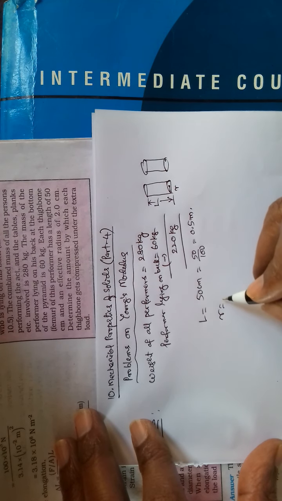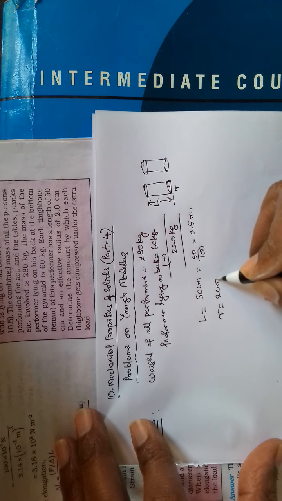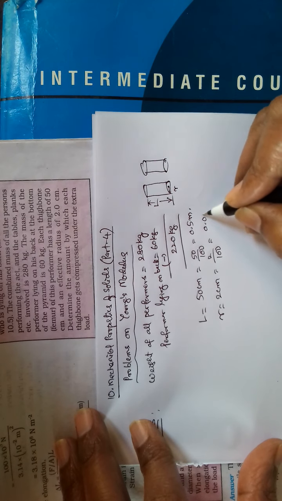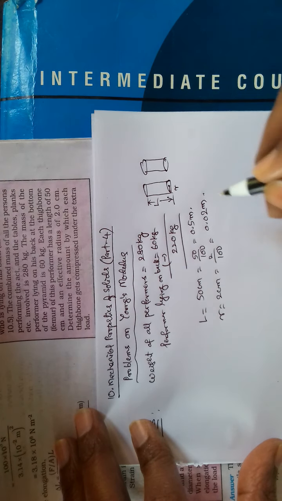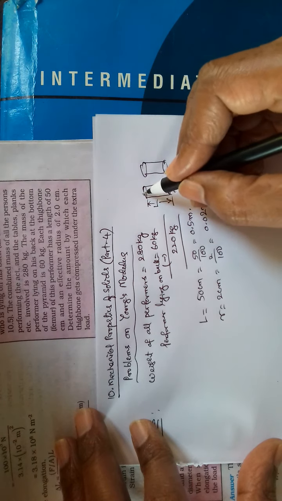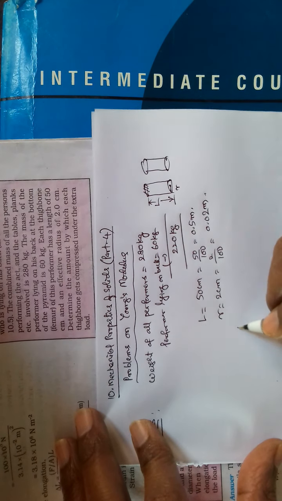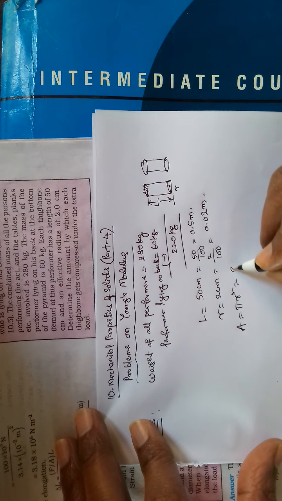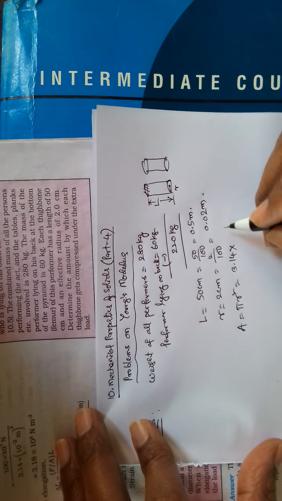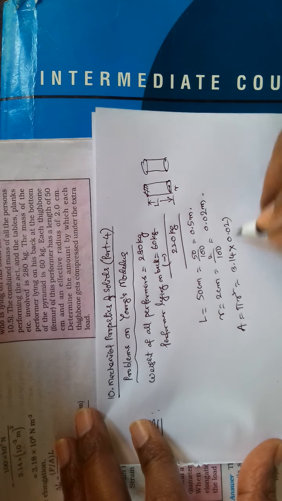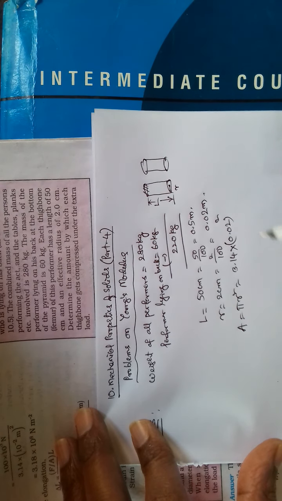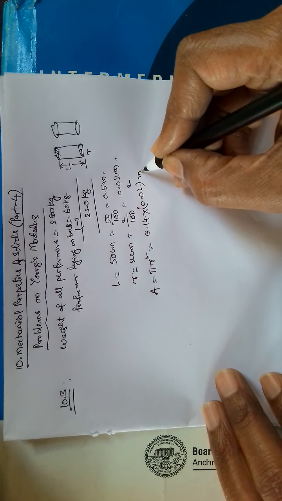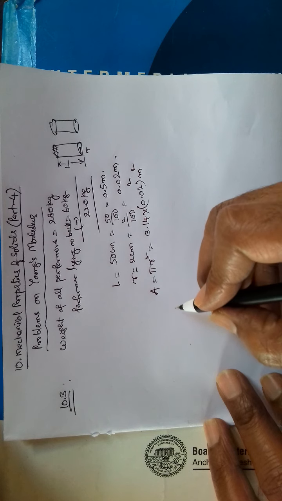Radius is 2 centimeters, that is 0.02 meters. It's the cross-sectional area we need, in meter square. So what is asked in this problem?